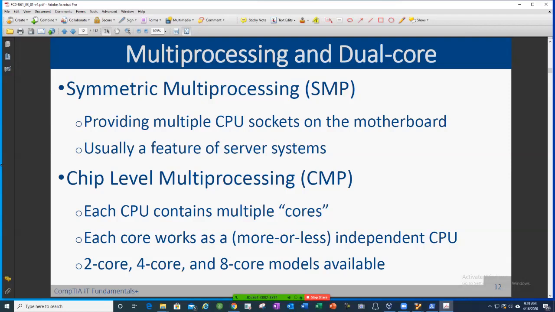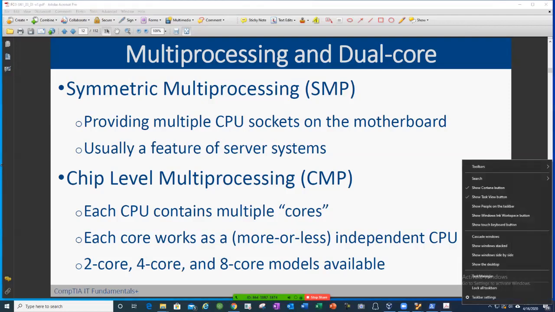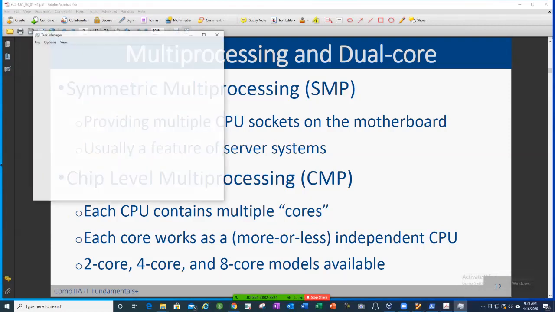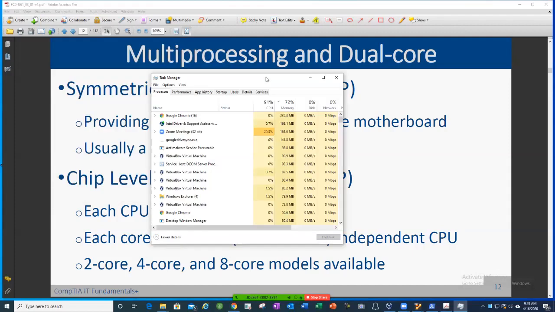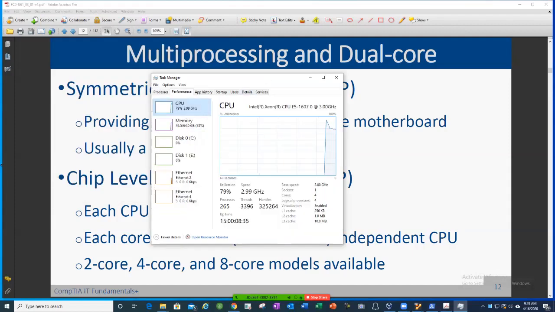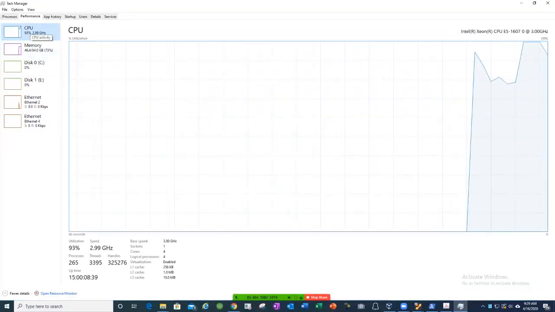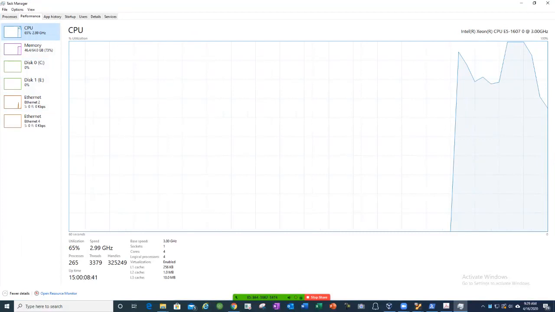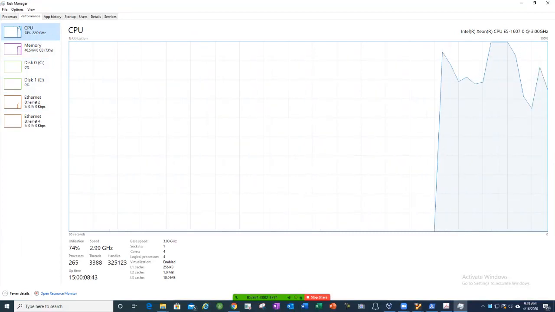So how do I see how many cores my computer has? If you right-click in the taskbar, go to Task Manager, then Performance, and then the CPU tab, you'll have the specs over here.